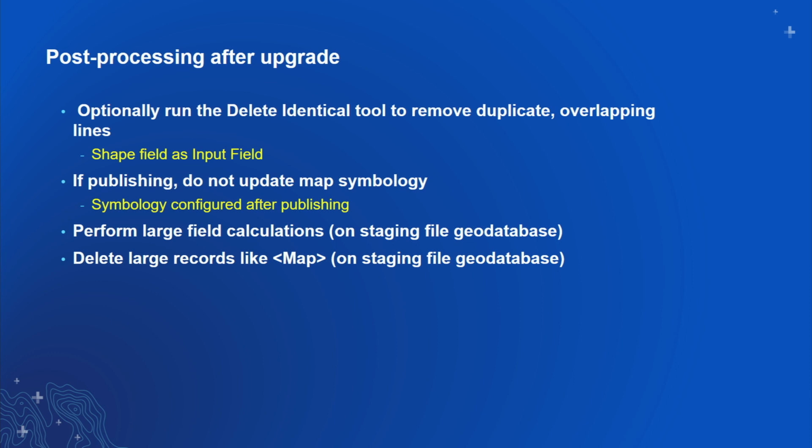Once again, do all your staging on a file geodatabase, perform large field calculations. If in the ArcMap Parcel Fabric you just used one single plan for all your parcels called the map plan, that's going to cause performance issues if you try and bring over that huge record into ArcGIS Pro, because it's now no longer just an entry in a table.